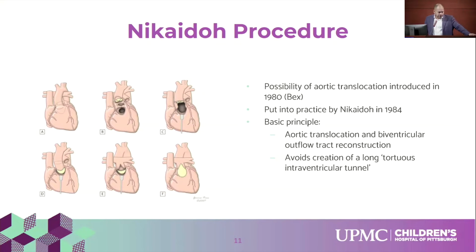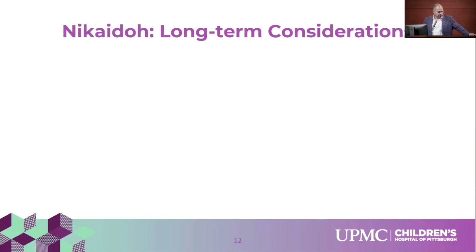And this avoids the creation of a long, tortuous interventricular tunnel for baffling the left ventricular blood into the aorta. And again, important to know when this was introduced, that brings us the oldest patient in the 30s. What is reported in the literature are even younger because there is a lag, as we talked about.